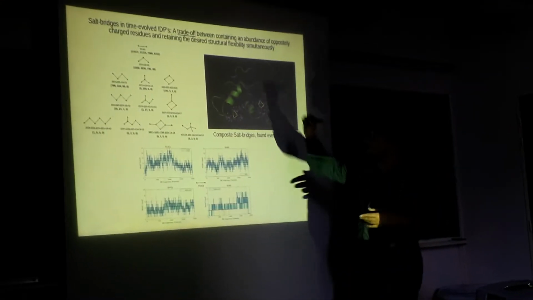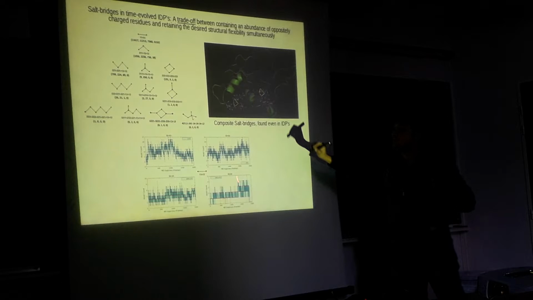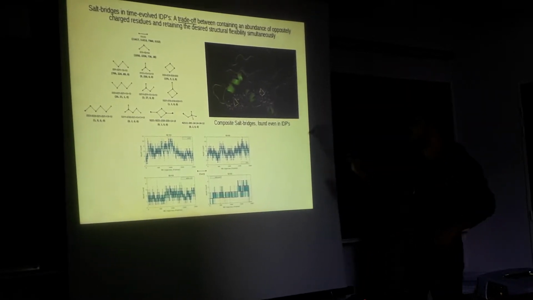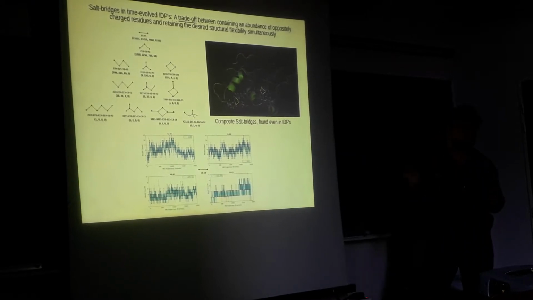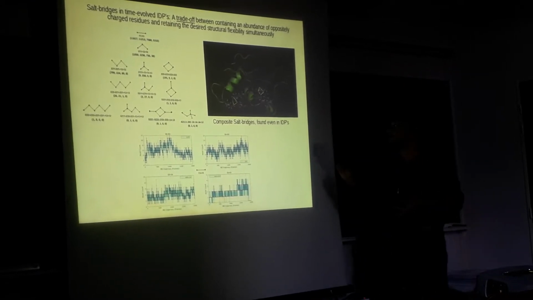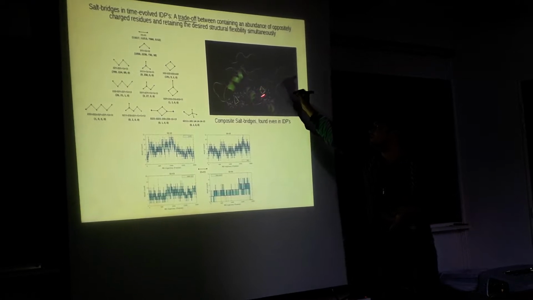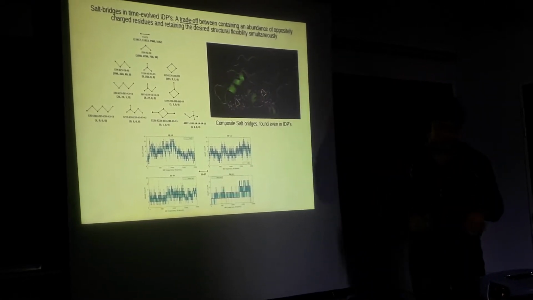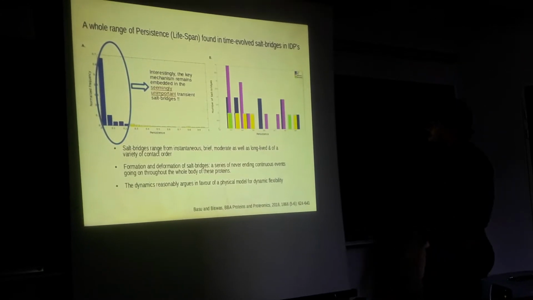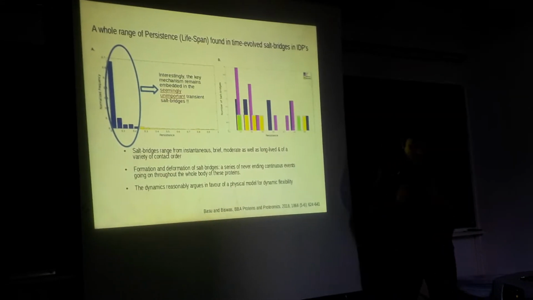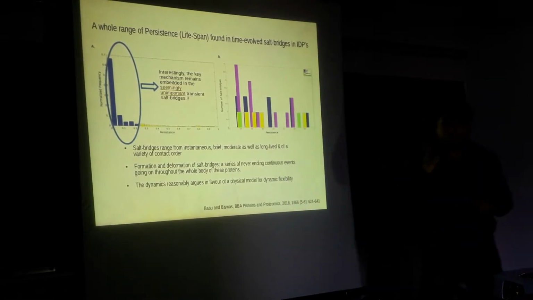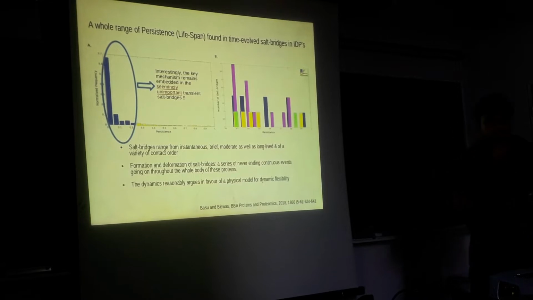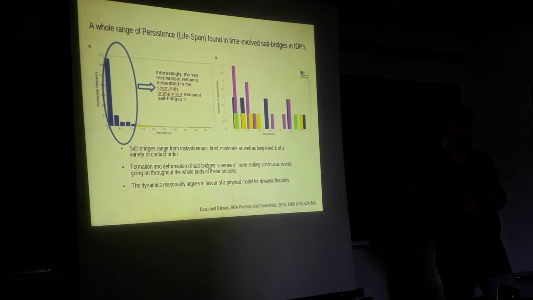So then we went to the domain of intrinsically disordered proteins. We picked up 4 of them, 2 completely disordered and 2 partially disordered, and performed molecular dynamics simulations on them, 100 nanosecond trajectories. Even there we found these complex motifs, and they were persistent for at least a quarter of the MD simulation trajectory. Our essential question was that intrinsically disordered proteins are known to accommodate an abundance of oppositely charged residues.